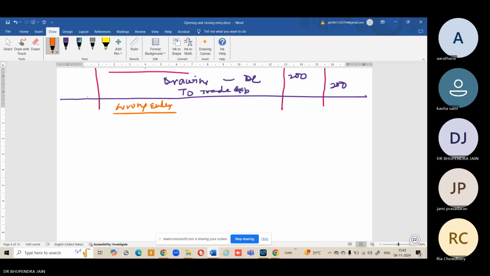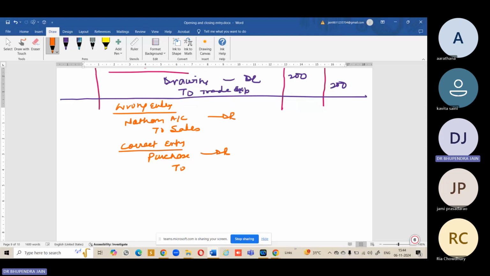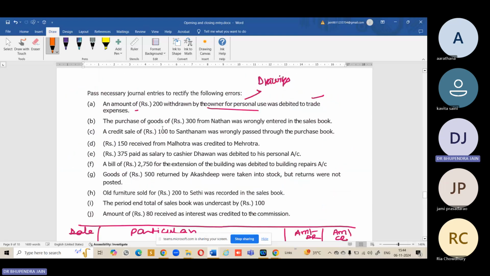Wrong entry: Nathan account debit to sales. Correct entry: purchase account debit to Nathan. How much is the amount? The amount is 300.